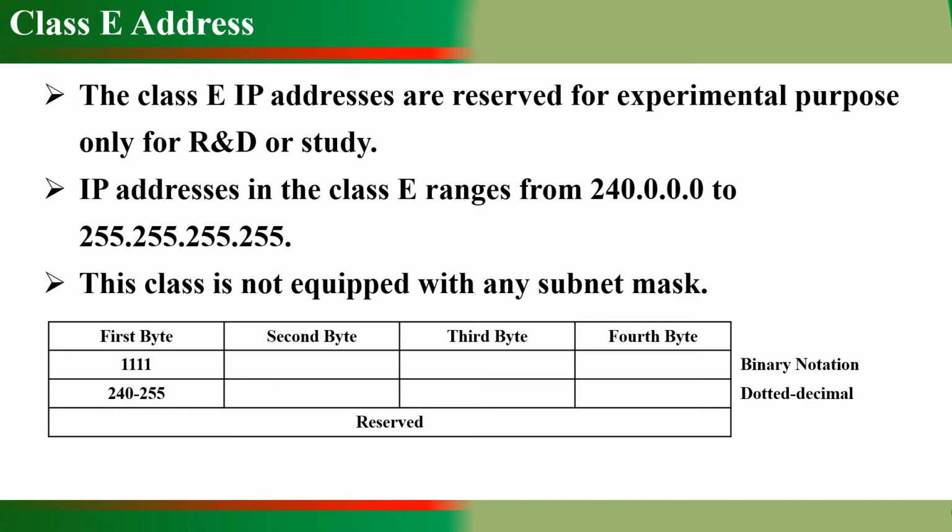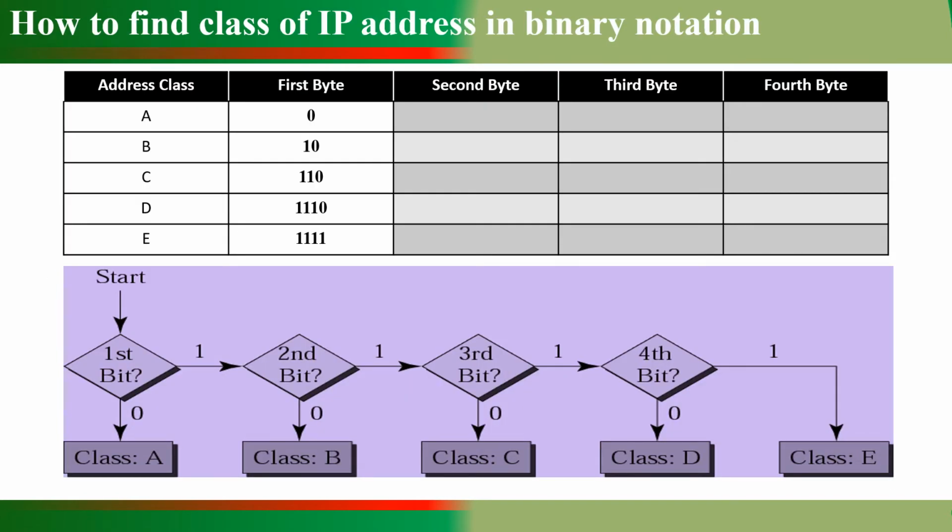Let's make a short review of how to find class of IP address when address is given in binary notation. First, we will check first bit of first byte. If it is 0, it means address belongs to class A. If it is 1, then we check for second bit.